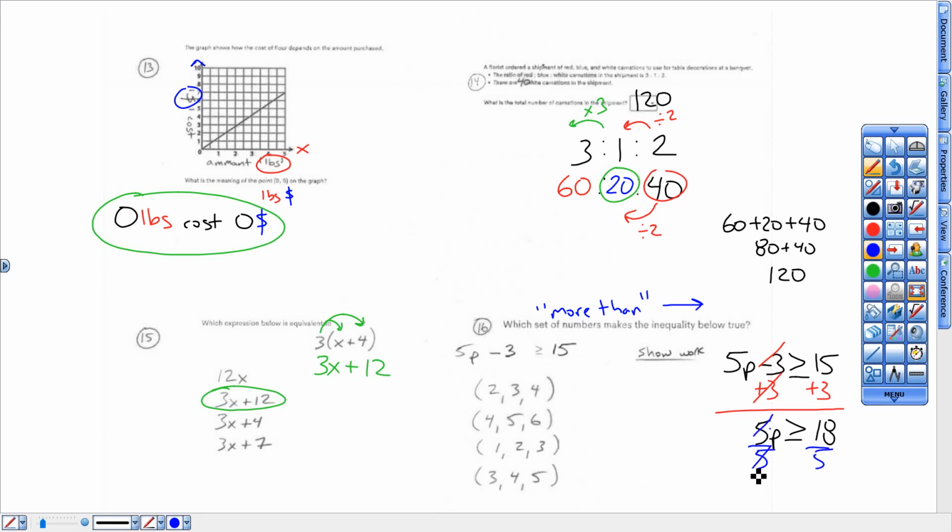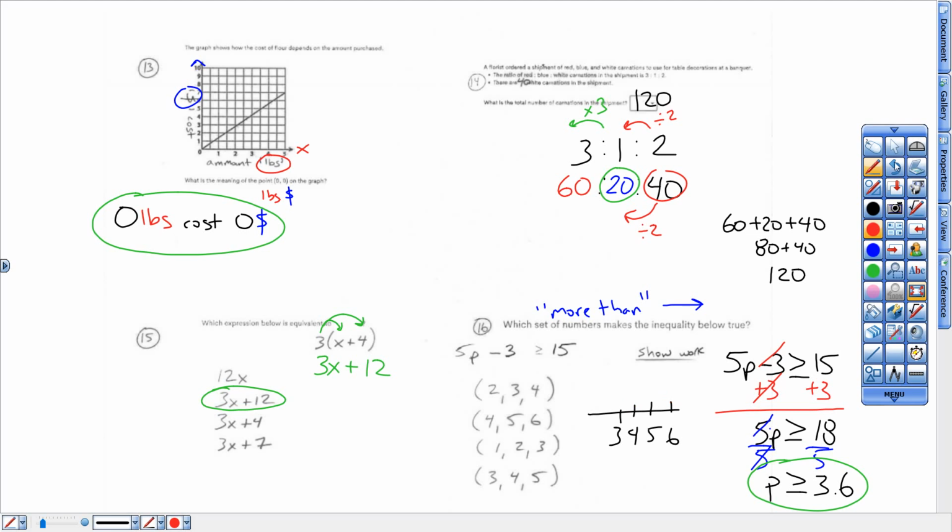And that gives me all numbers have to be more than or equal to, and take that 18 divided by 5, 18 first, divided by 5 second, gives me numbers more than 3.6. And if I look at my number line here, I got 3, 4, 5, 6. I need 3 numbers more than 3.6.